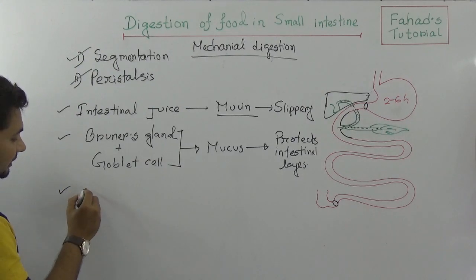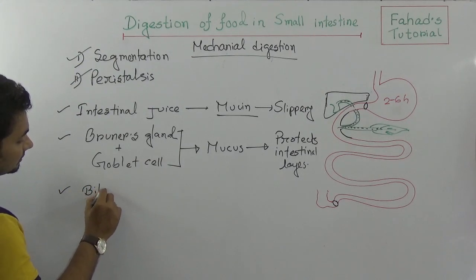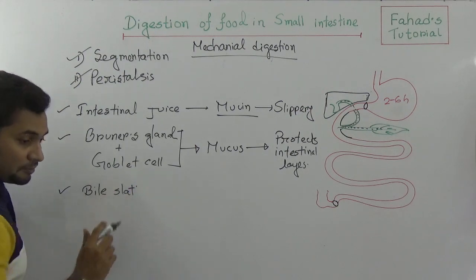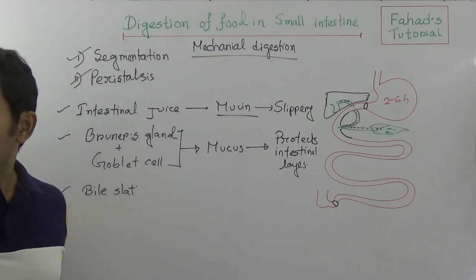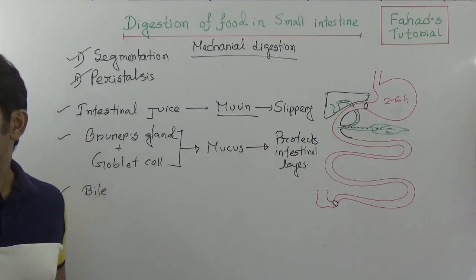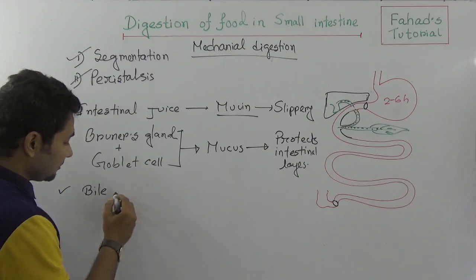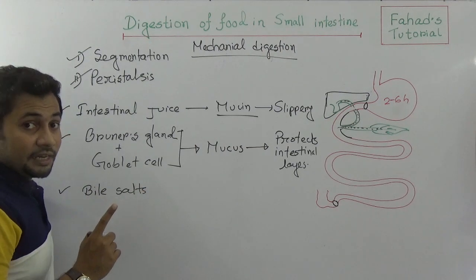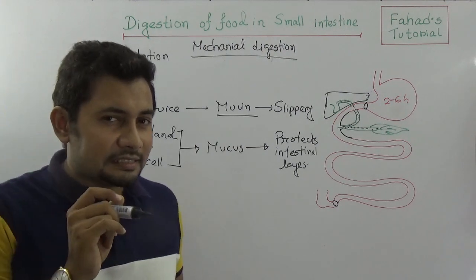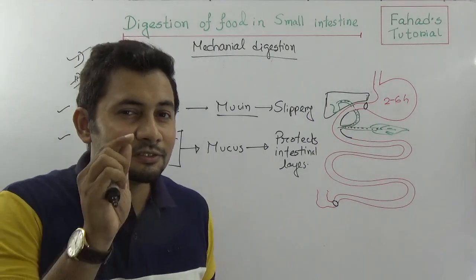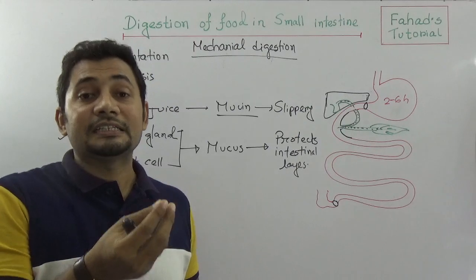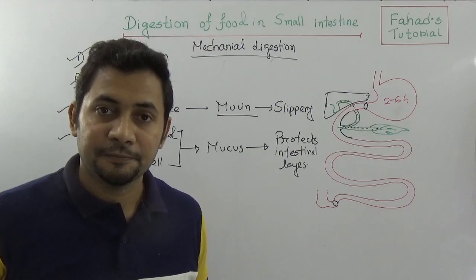Thirdly, bile salts. I hope you know that there are two bile salts present, sodium taurocholate and sodium glycocholate, and these salts break down lipid particles into small fragments and produce milky emulsions, which is called emulsification.